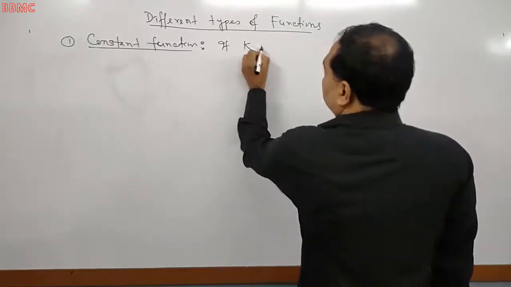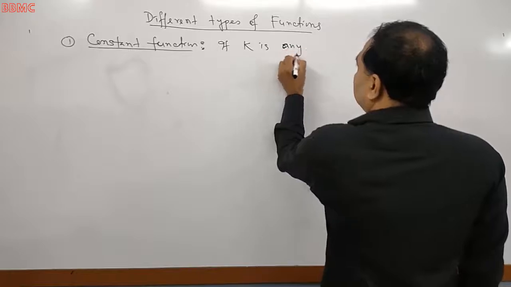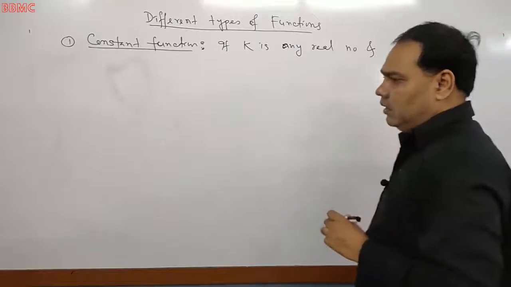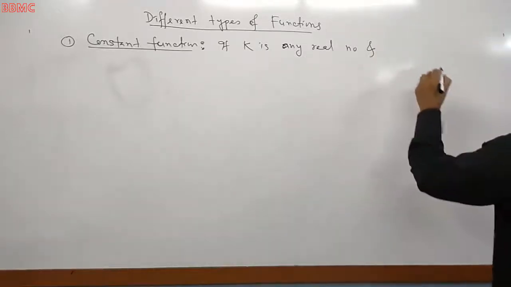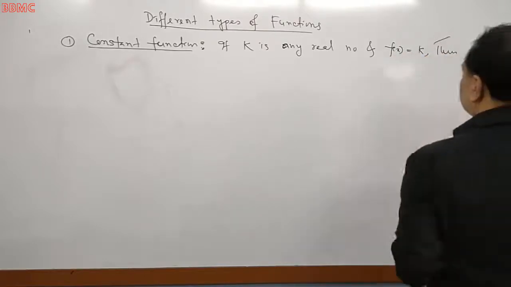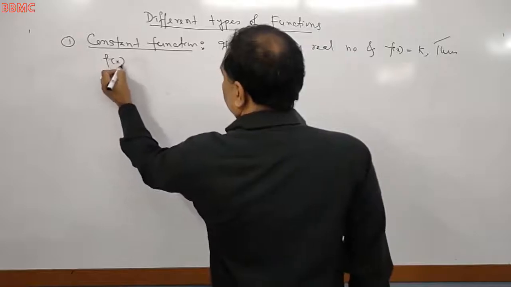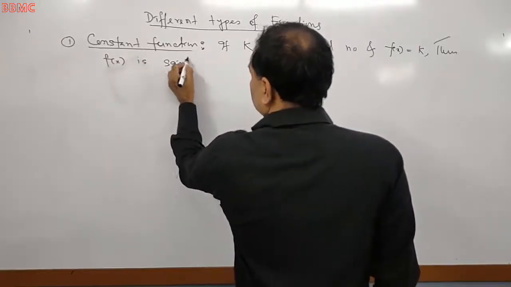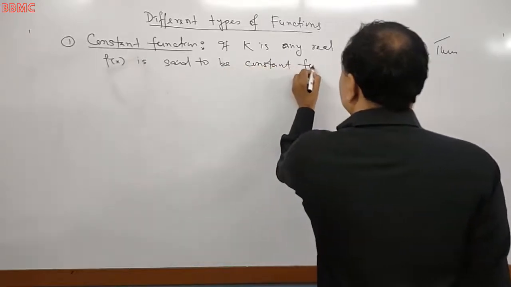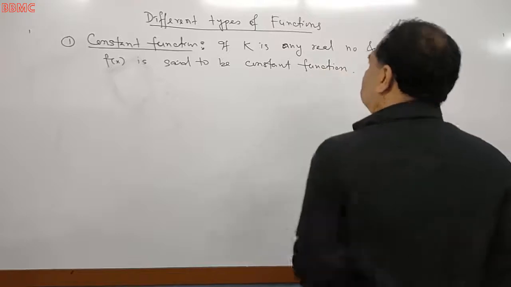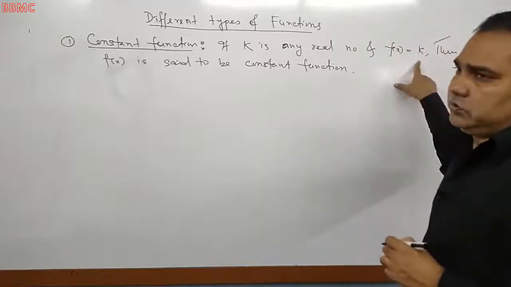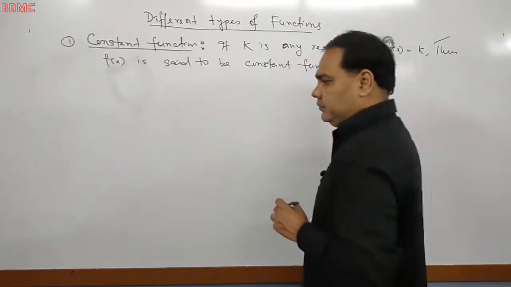If k is any real number and f(x) is equal to k, then f(x) is said to be a constant function. Here remember, k is a constant. It can be 2, minus 2, 3, minus 3, like that.